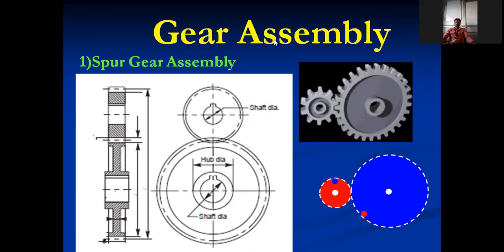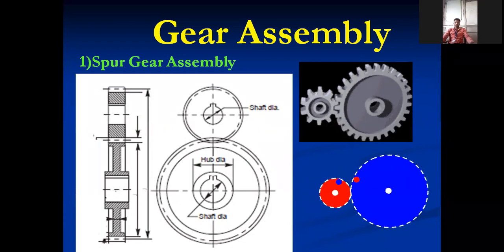Jamming of gears. Very good. Jamming of gears will happen. Automatically, power will not transfer, because the purpose of a gear assembly is power transmission. So that was the purpose.